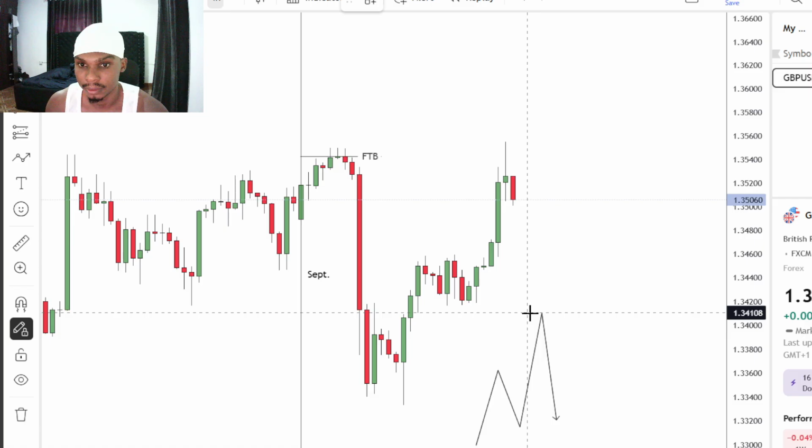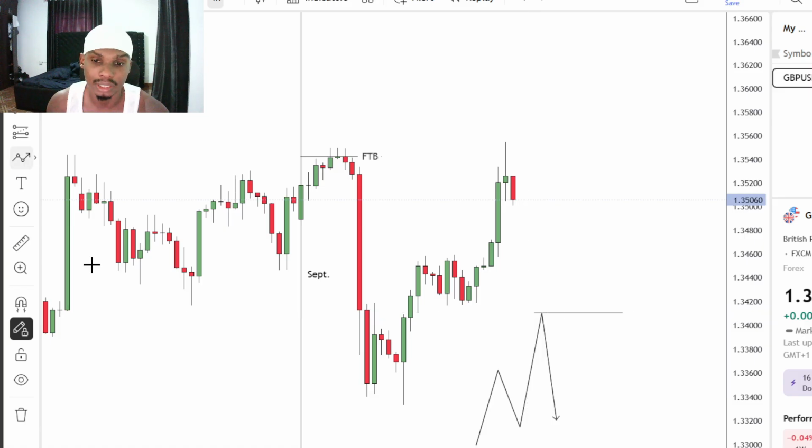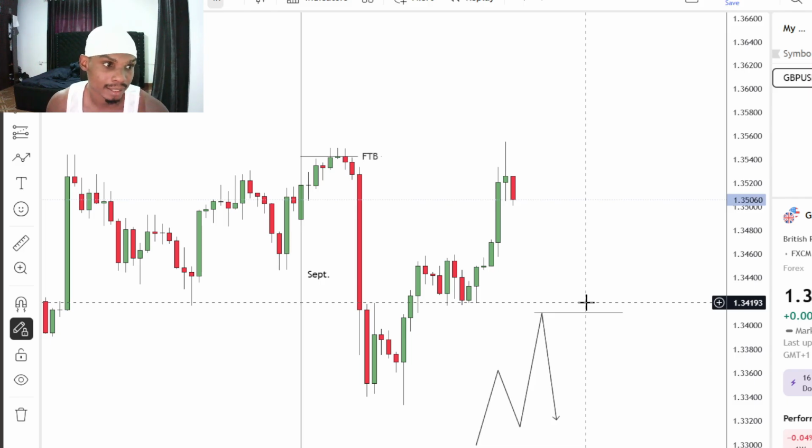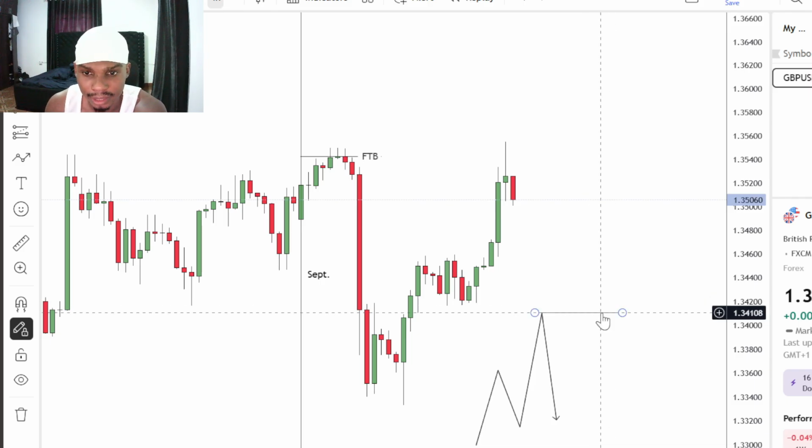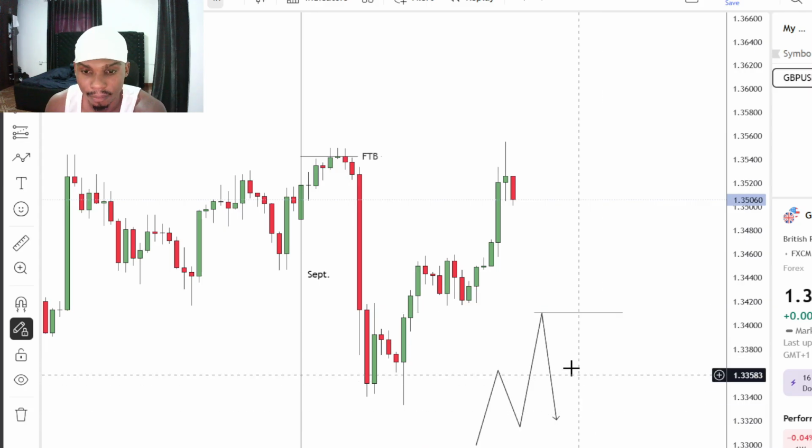If I'm entering here or here or at any discounted price, I'll make sure that my TP is at this level. You understand? This high, and I'm not looking for anything above the high, unless my TP is way above the high.